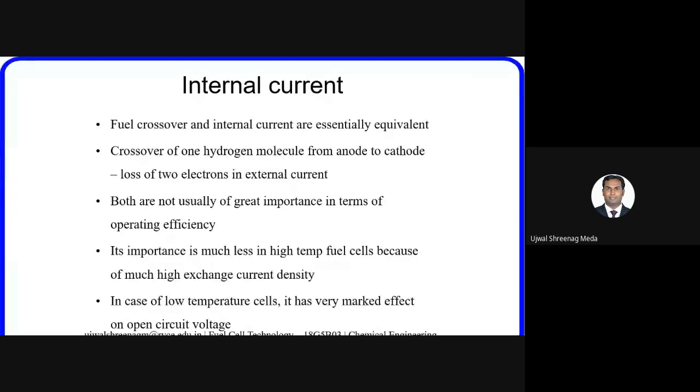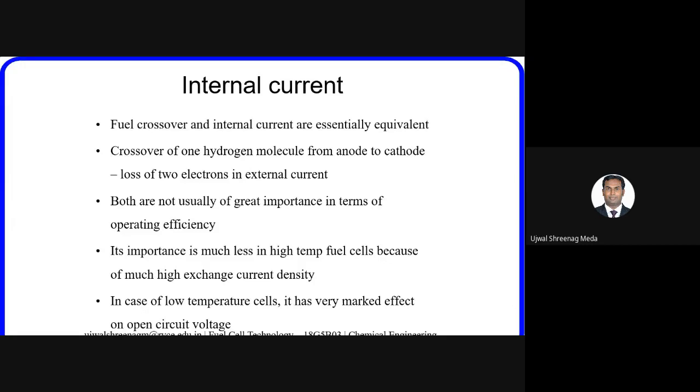Magnitude-wise, when we compare this loss with that of activation, ohmic or mass transport losses, the significance is a little less, and that also depends on the type of fuel cell and the temperature at which it is operated. Especially in a DMFC, direct methanol fuel cell, where the fuel is not hydrogen, this loss due to fuel crossover and internal current is comparatively high.